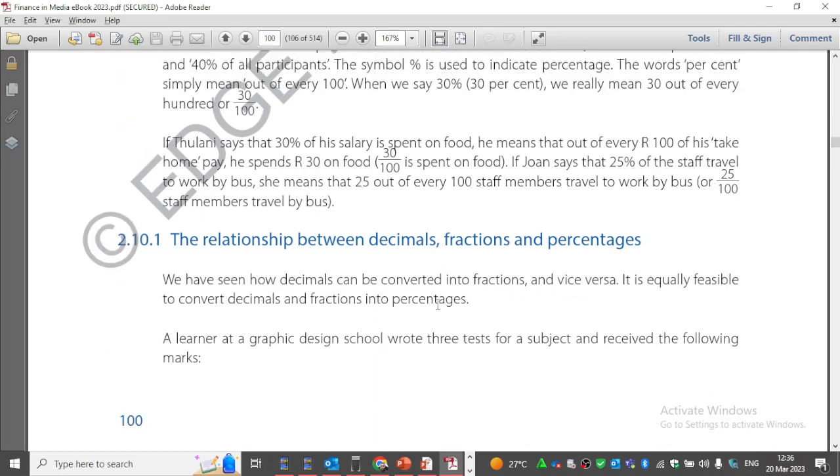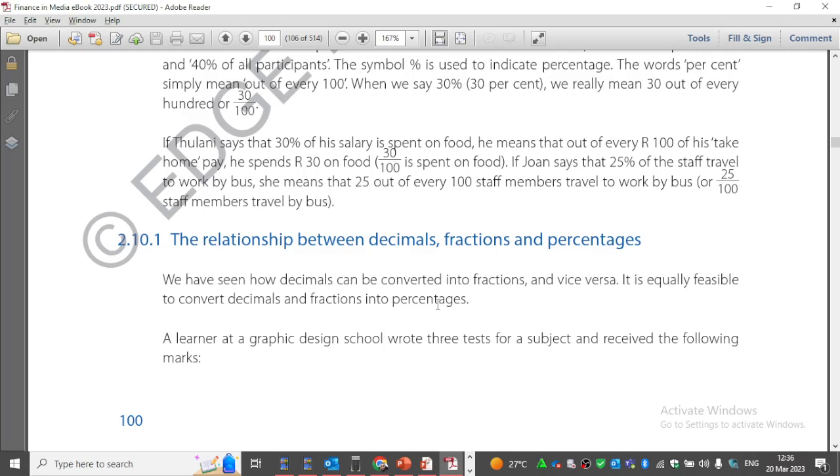The relationship between decimal, fraction and percentage is that we have seen how a decimal can be converted into a fraction and vice versa. So it is feasible to convert a decimal and fraction into percentage to find out how much it represents over the whole total portion of that particular object or amount.